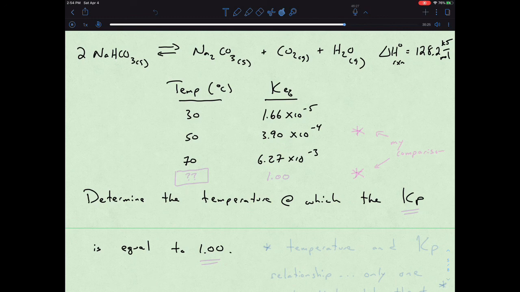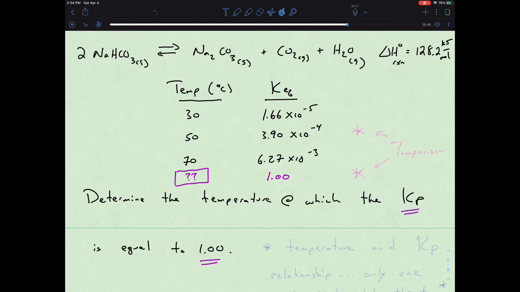So if we go back to that table, we could put another value there, which is the 1.0 for our equilibrium constant. And what we're trying to figure out is that temperature at which we would reach that equilibrium constant of 1.0.